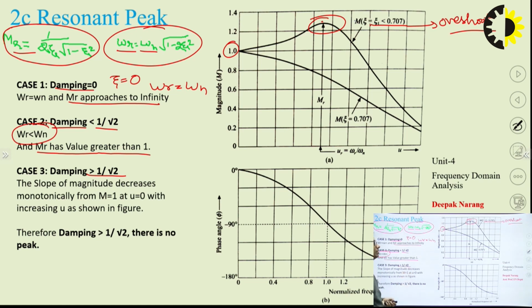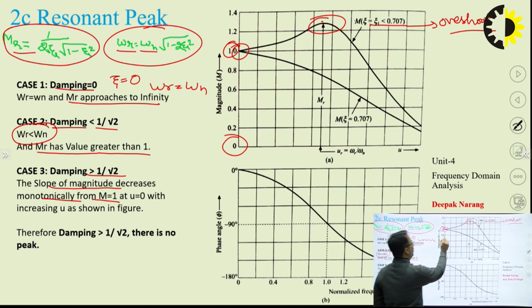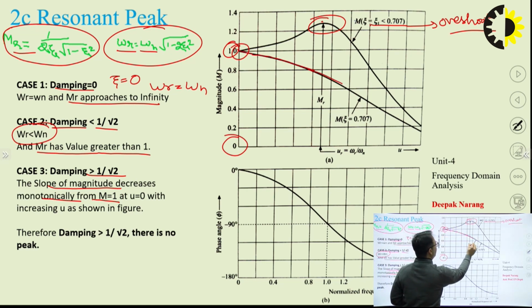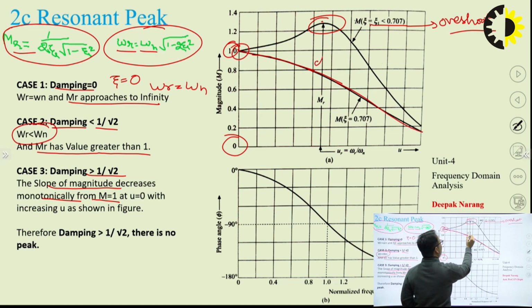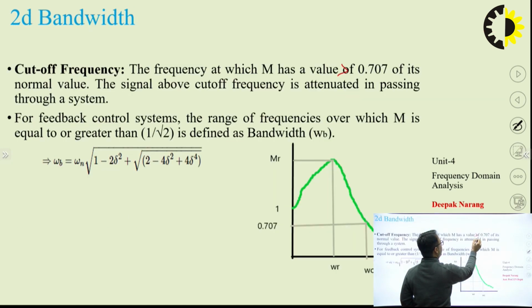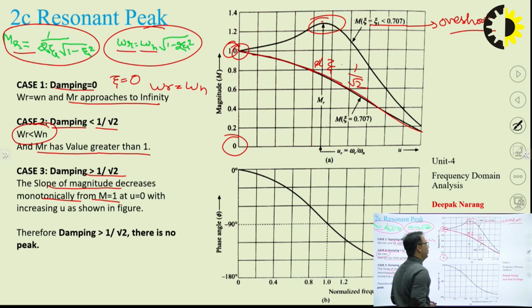If damping is greater than 1 by root 2, the magnitude decreases monotonically from magnitude 1 at frequency 0, and continues to decrease and reaches a minimum value. And the phase value at resonant frequency is minus 90 degree.